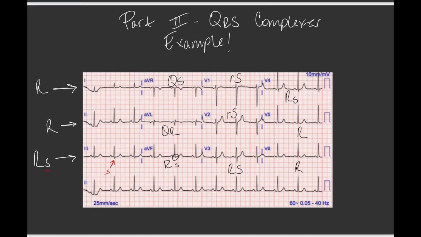Now this raises another question though. We have all these different leads and we have all these different QRS complexes. So the question becomes, is this normal? Is this normal to have different QRS complexes per each lead?